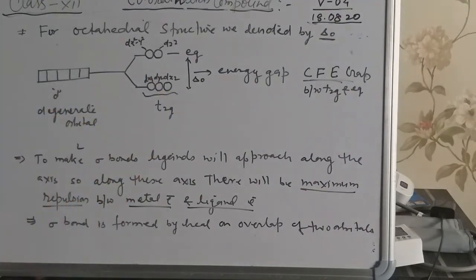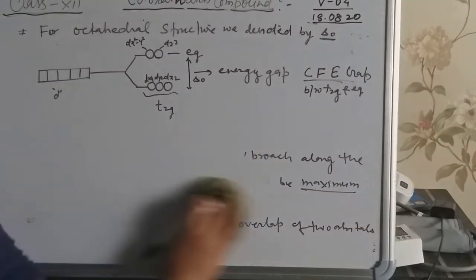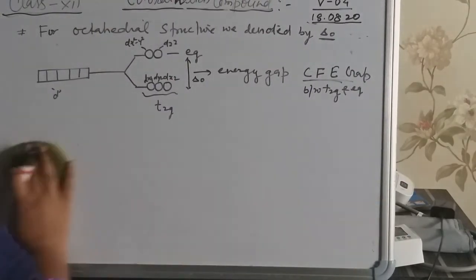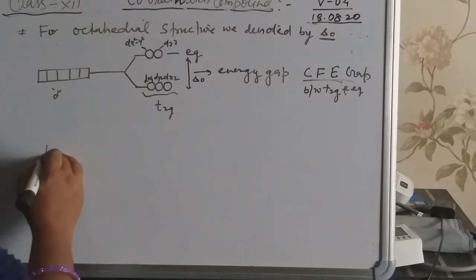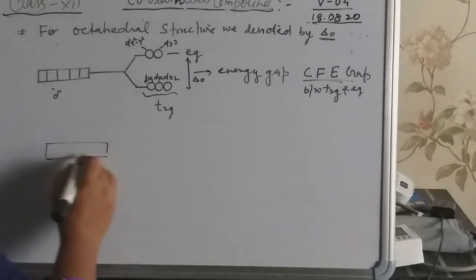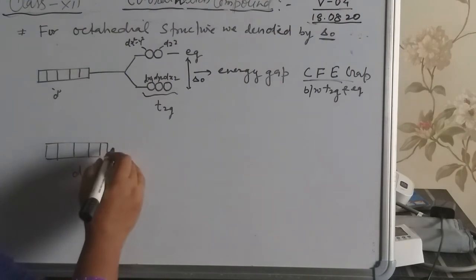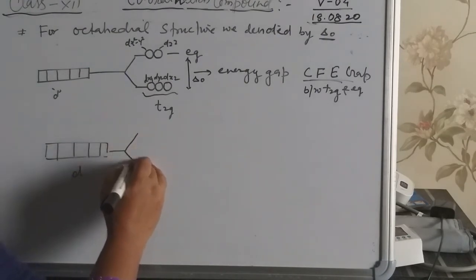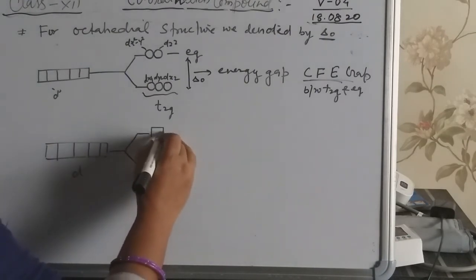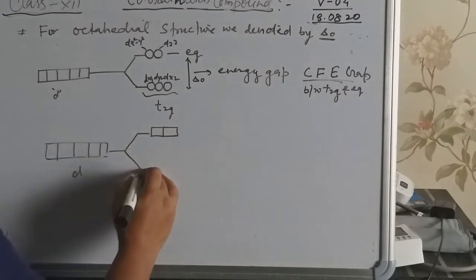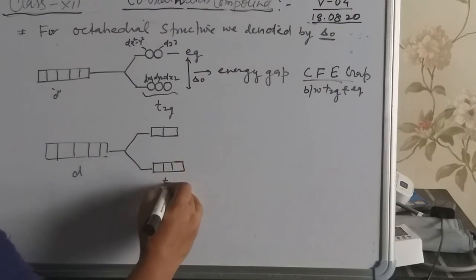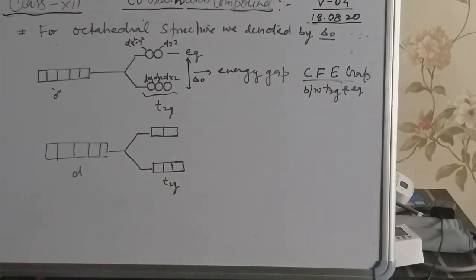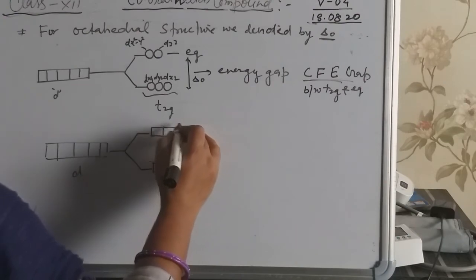So let's discuss the energy: in the degenerate orbitals all have the same energy, but when they split in the presence of ligand, in case of octahedral, T2g has less energy than the Eg.